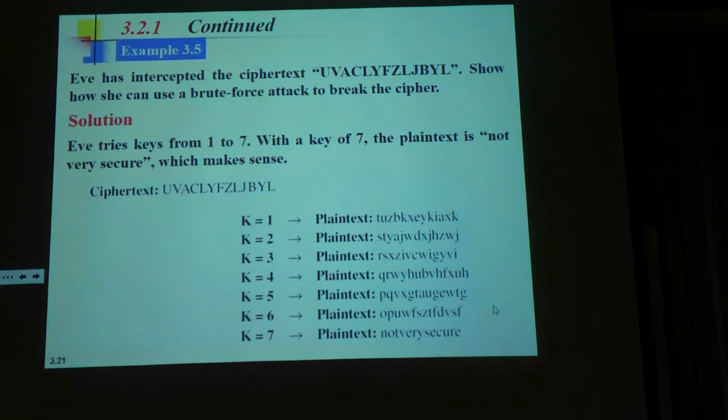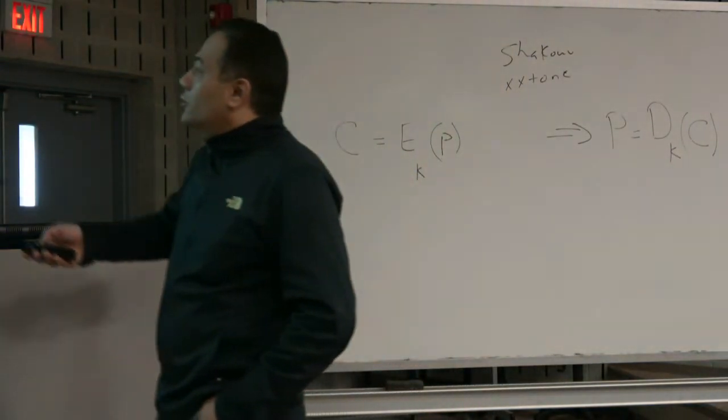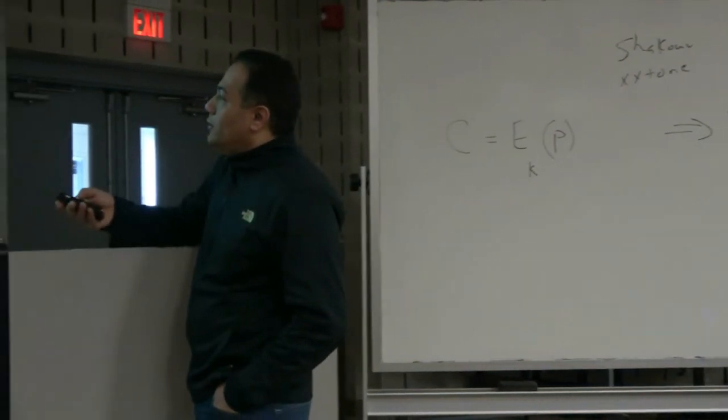In here, Eve tries keys from 1 to 7. Now it's cryptanalysis work. We're trying to break it, but you don't know what the key is. You know it's additive encryption, so all you have to do is try different keys, from 0 to 7. This is the message, the ciphertext.